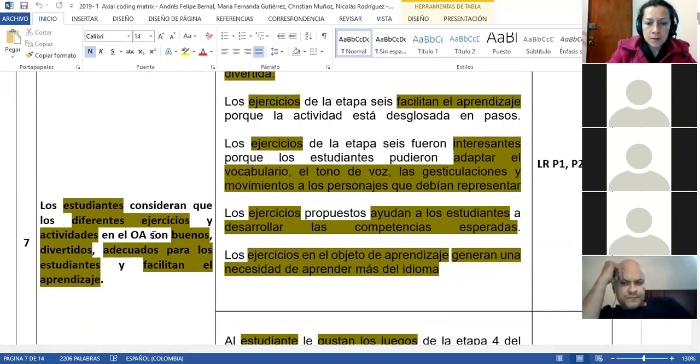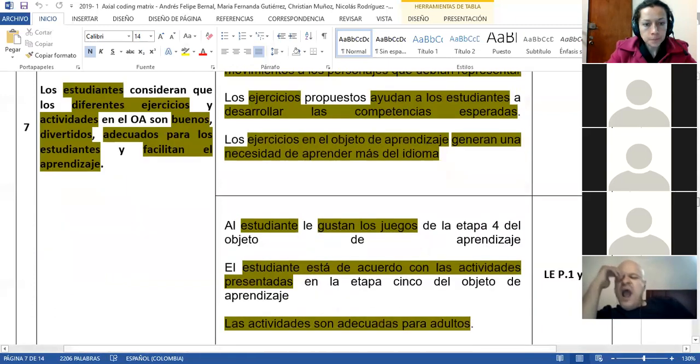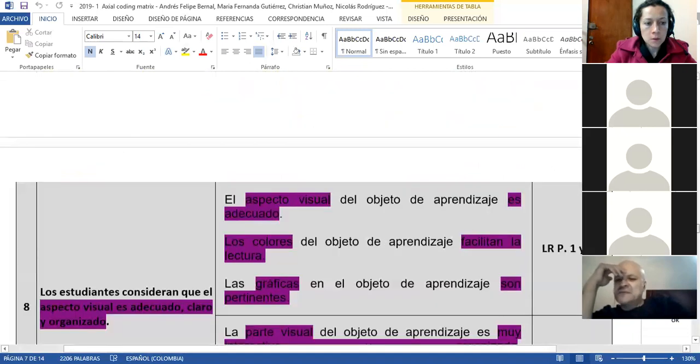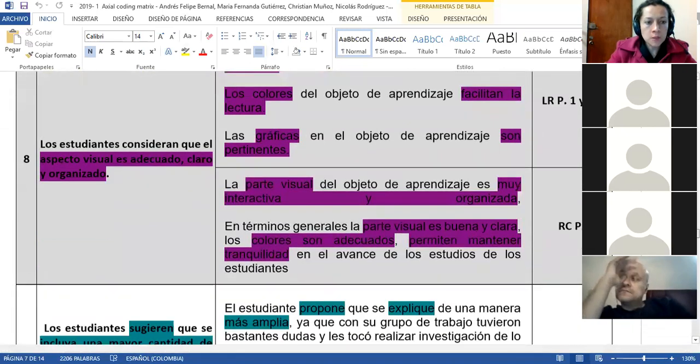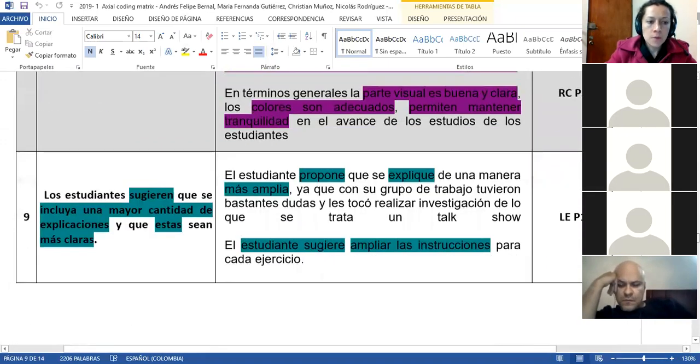In the last stage of grounded theory, what we have to do is to group again in order to get categories. So if students are talking about the videos, the activities, the forums, students also talked about the visual aspect of the learning object, suggestions.